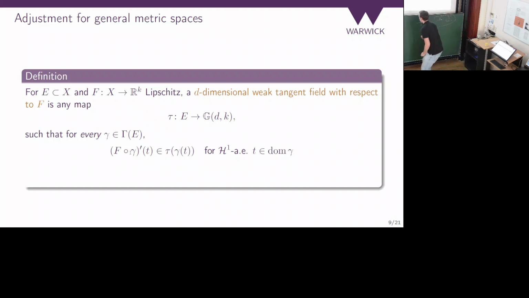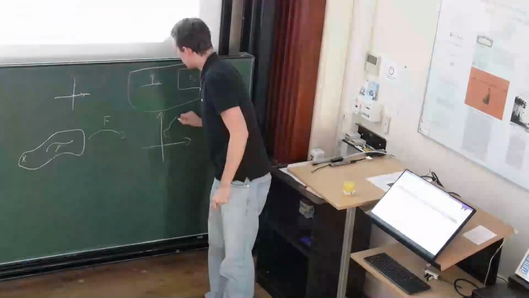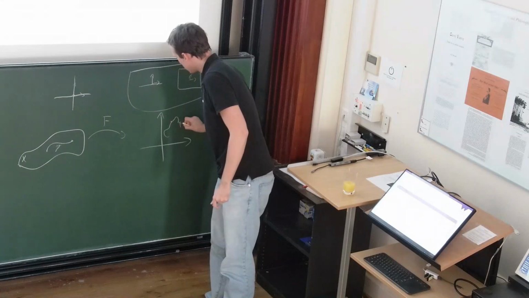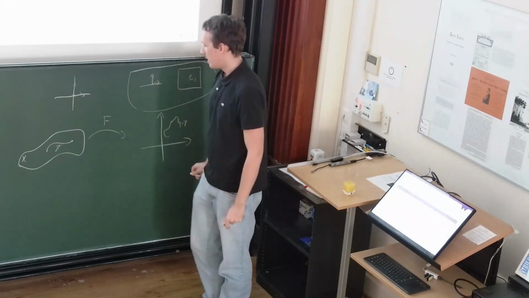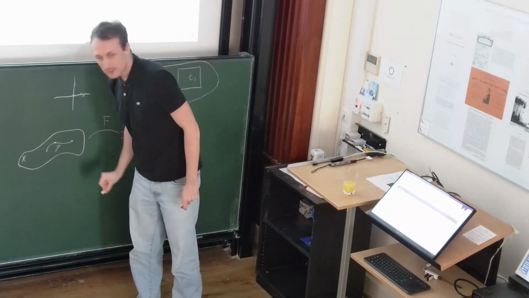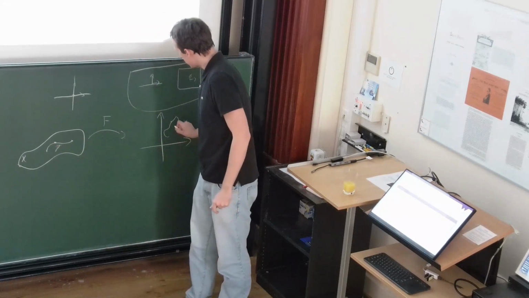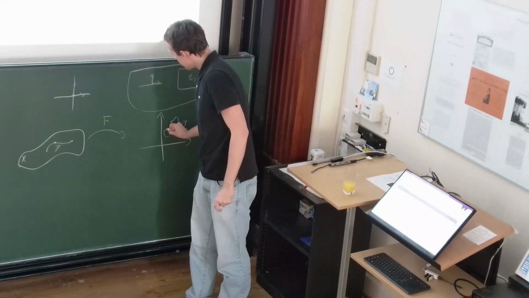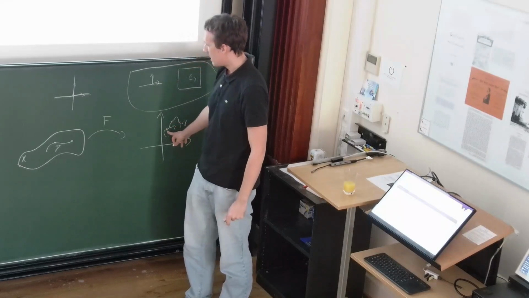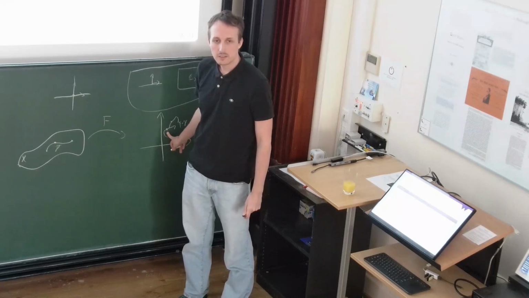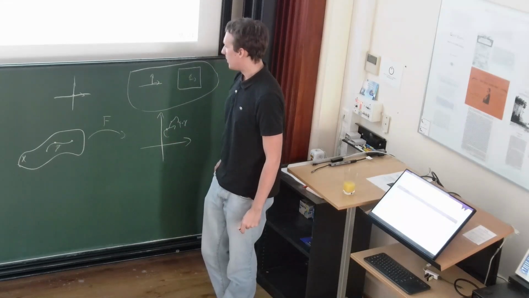The way this looks in a picture is you have your metric space X, you have a curve fragment gamma, you have a map F to some high dimensional Rk, and here you have F after gamma, and the tangent you attach at this point needs to respect the direction of the curve inside Rk at the image of the point under F.